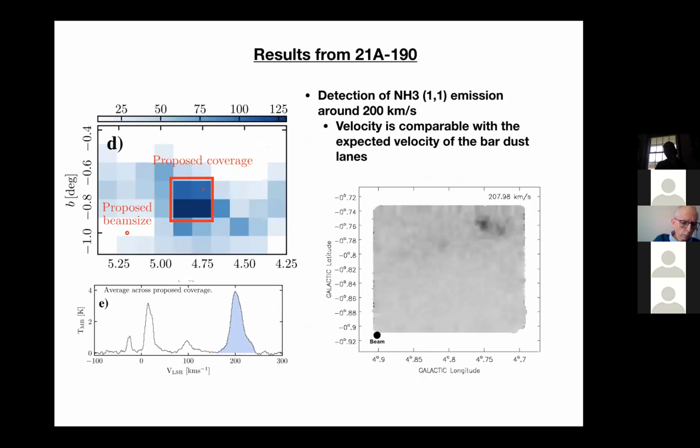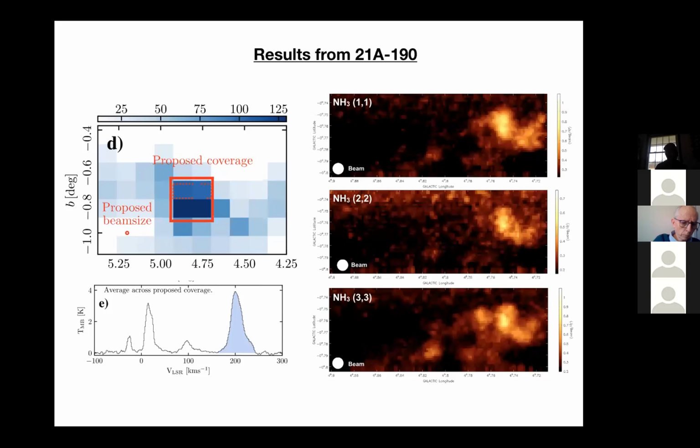All right, so some initial results from the midpoint of the bar. We do see detections of the ammonia transitions, and the velocities of these detections are around 200 kilometers per second, which is what we would expect for gas that is associated with the galactic bar dust lanes. Since we targeted the 1,1 through 3,3 transitions, I'm just going to show an inset of what those detections look like.